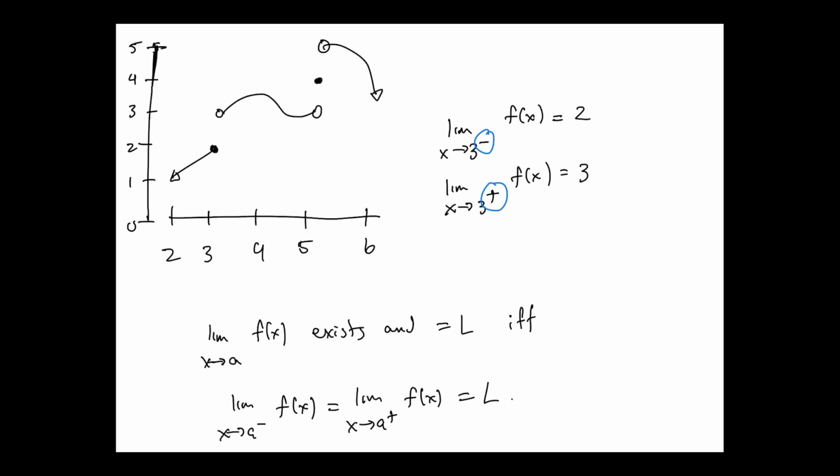Okay, so do we see the distinction here? The dot is the value of the function, which may or may not be the value of the limit. So here, the left-hand limit and the right-hand limit are different, and they're also different from the value of the function. That can totally happen, as it just did.